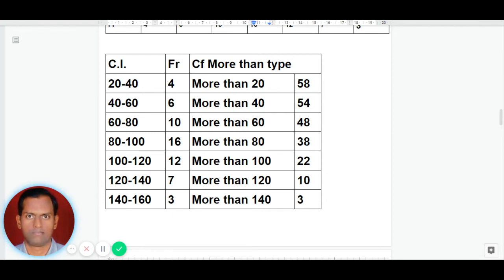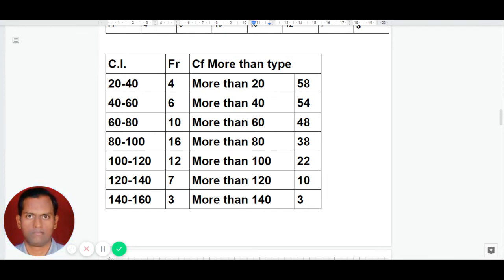More than 20 means all the frequencies are more than 20. So the total is 58. More than 40, except this 4, all are more than 40. That means 58 minus 4 is 54.